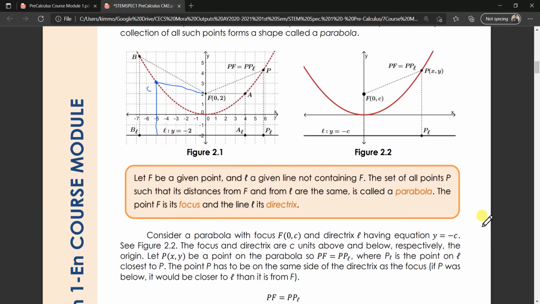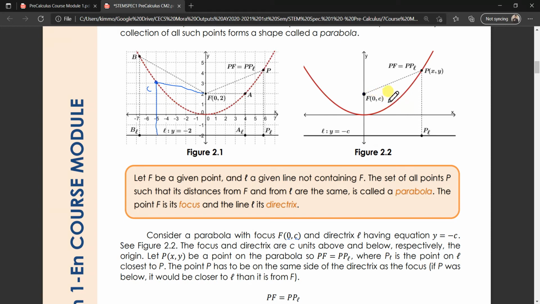Okay, so let's consider a parabola with a focus that is located at (0, C). So the 0 here is constant, so the x is constant, and C is our y, which can be any value. So for example, this point is F, (0, C).